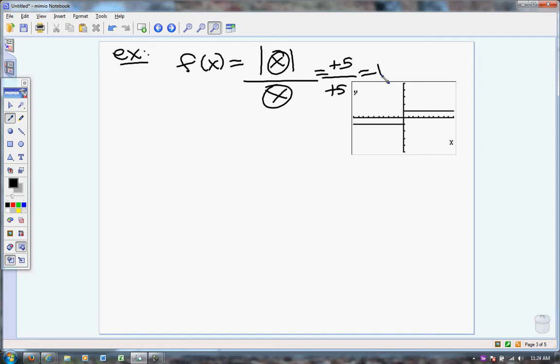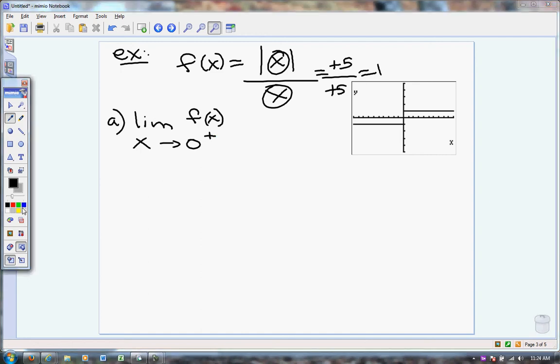So now let's look at some limits. Let's first look at the limit of this function f of x as x approaches 0 from the right. As we approach 0 from the right, what does this function approach? 1. I think you can see where I'm going with this.